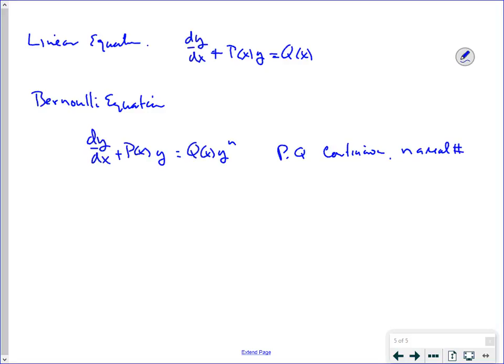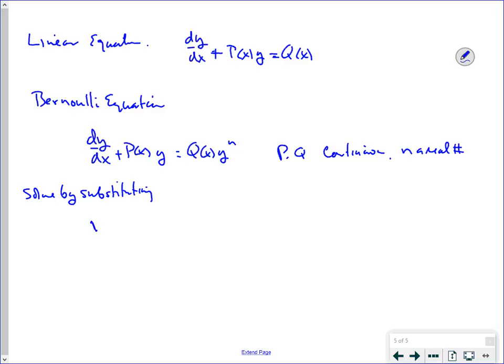Now, if n equals 0 or n equals 1, this would be a linear equation. So the way you solve this is we make a substitution.